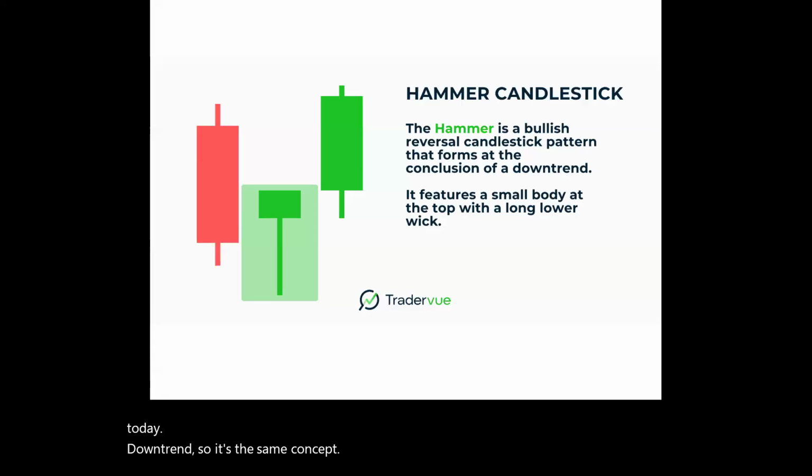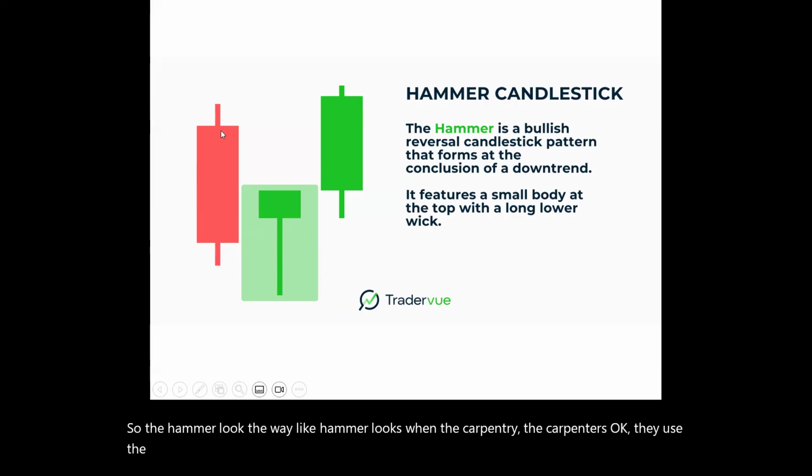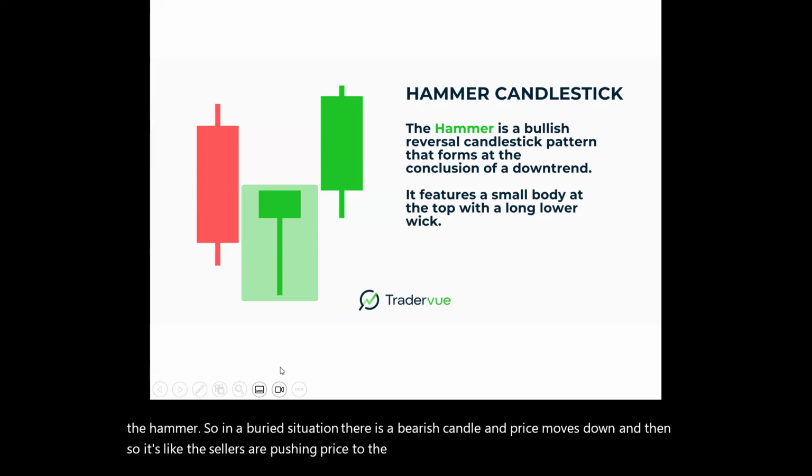Then we have the hammer. The hammer looks the way a hammer looks when carpenters use it. So in a bearish situation, there is a bearish candle and price moves down, so it's like the sellers are pushing price to the downside and the buyers push it up and it closes up looking like a hammer.